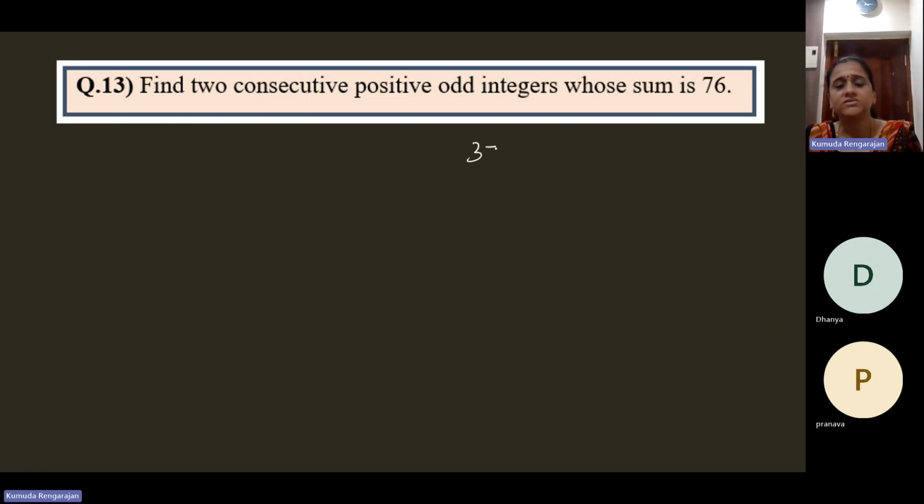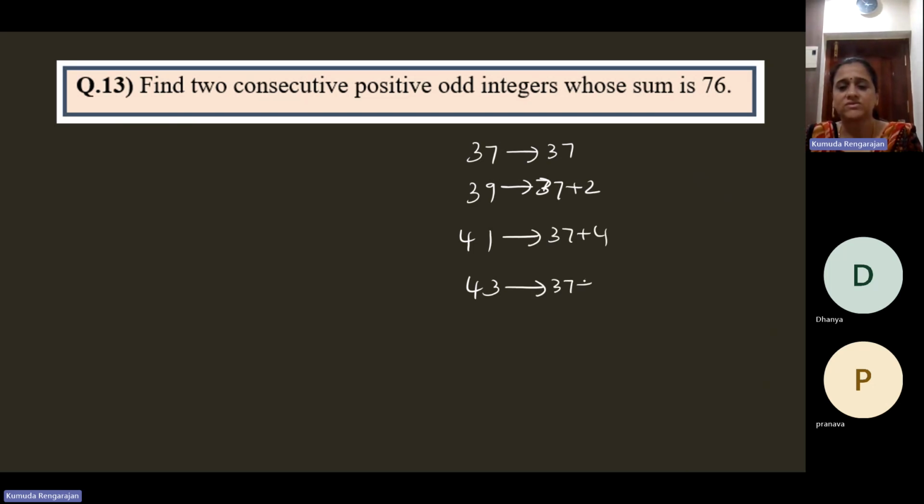Here, 37, 39, 41, 43. If this is x, now this is 37, what is this? 37 plus 2. This is 37 plus 4. And this is 37 plus 6. So this 37 is x. Then this is x plus 2, x plus 4, x plus 6.